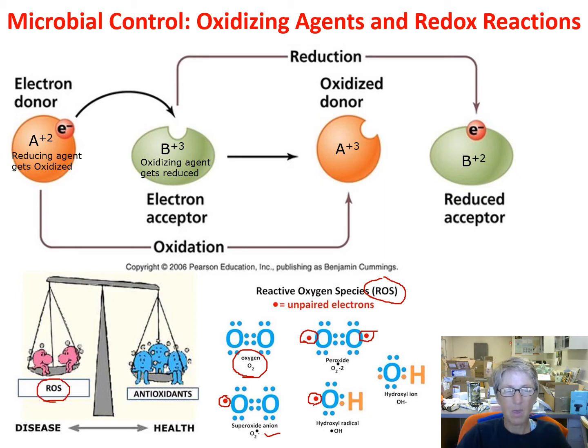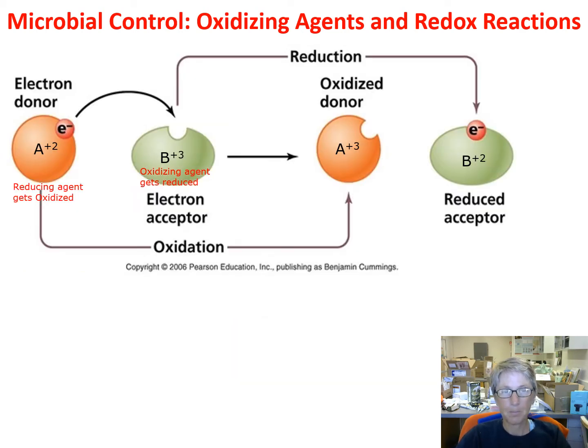There's going to be reactive oxygen species in your cells, but you'll have antioxidants, like a lot of fruits and vegetables have antioxidants in them, to battle the reactive oxygen species. It's a nice balance. If you tilt the balance toward the reactive oxygen species, you get a disease. If you tilt the balance toward the antioxidants, then you're a healthy person. So we eat lots of fruits and vegetables.